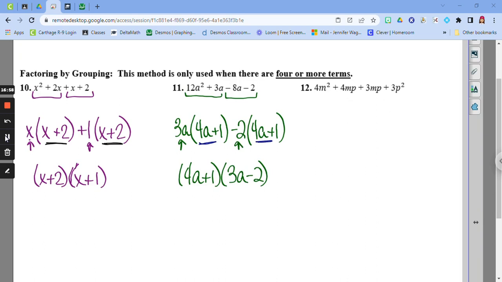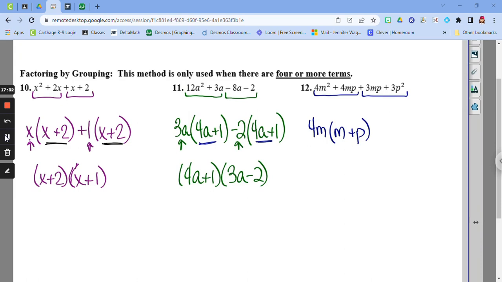See if you can do this last one. All right. So number 12, both of those can be divided by 4m, which leaves me with 4m squared divided by 4m is m. 4mp divided by 4m is p.